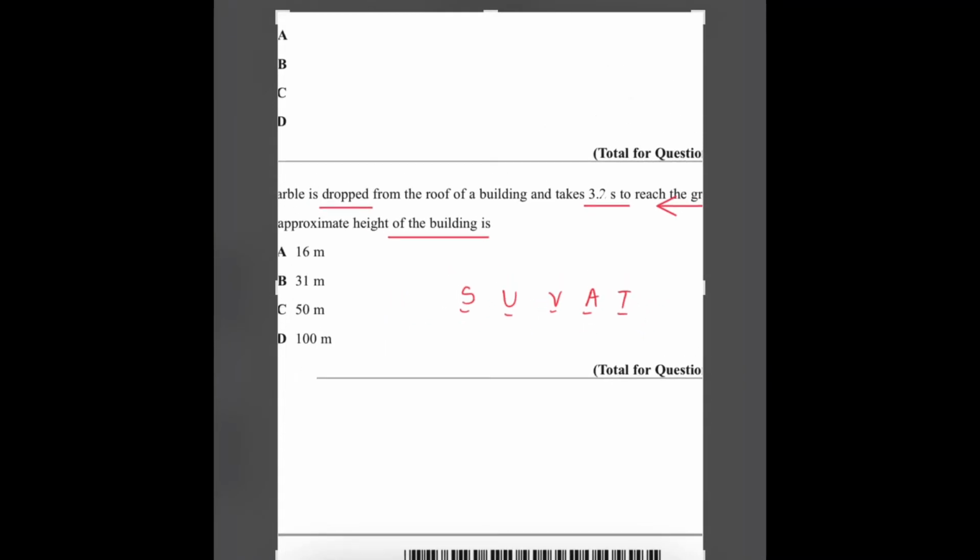So basically we need S, which is the height, the displacement. The initial velocity is 0, since it says that it is dropped. We do not need the final velocity. We have acceleration g, which is 9.81, the gravity of the earth, and t is the time, 3.2. So using s, u, a and t, we have s equals ut plus half at squared, where u is 0.